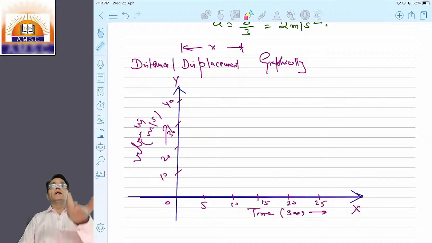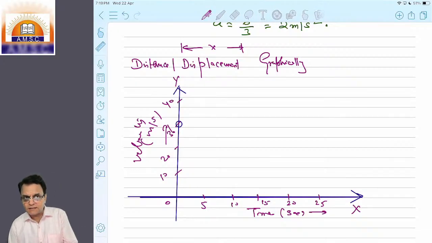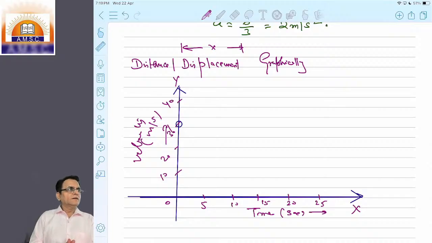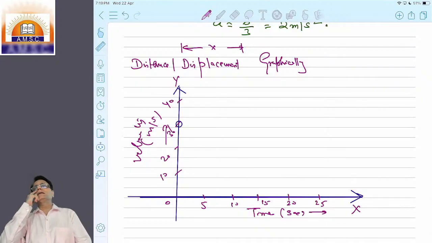Where should be the value of coordinate? 0, 30. This point or not? Please tell me. What did I say? Let us consider a moving object with initial speed 30 meter per second right from the start. What is its speed from the beginning?